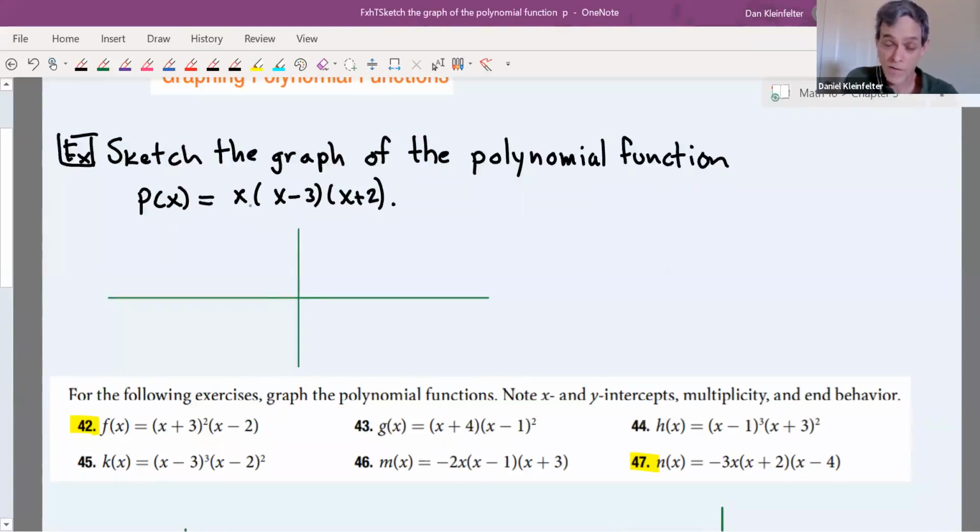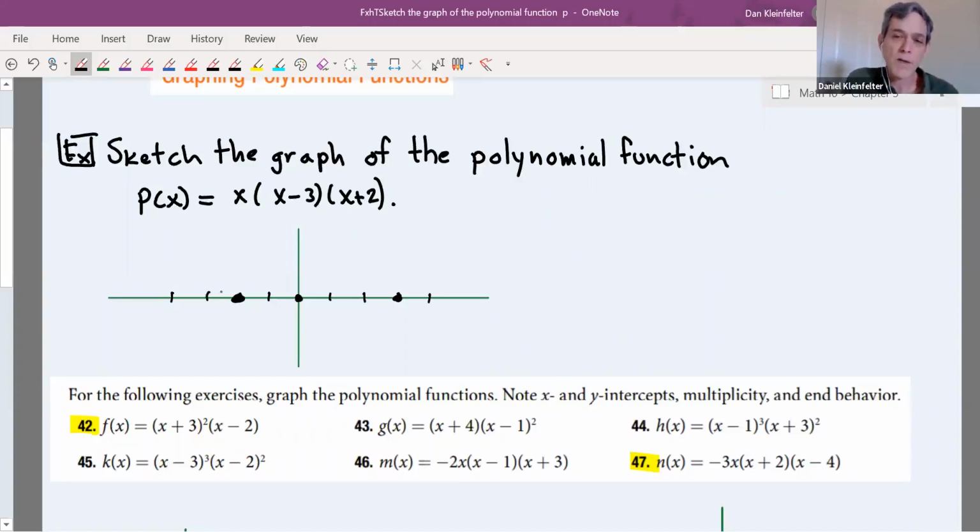Using that box with the 4 statements in it, I can identify from the factors where the zeros will be. x is a factor, so p of 0 will be 0, which means there is an intercept right at 0. Then we'll also have one at 3 and one at negative 2. Let me make some tick marks for this.